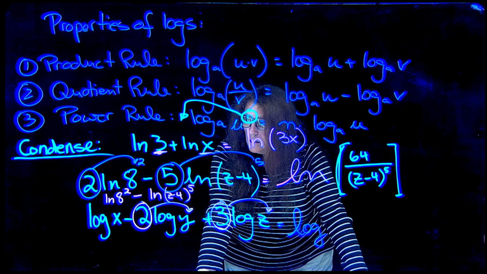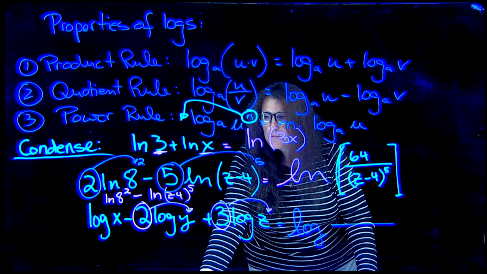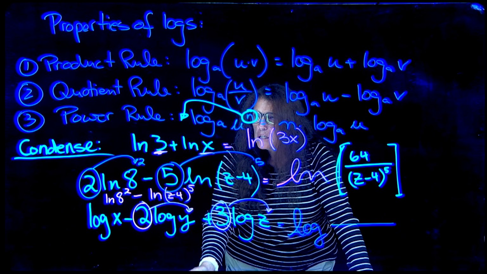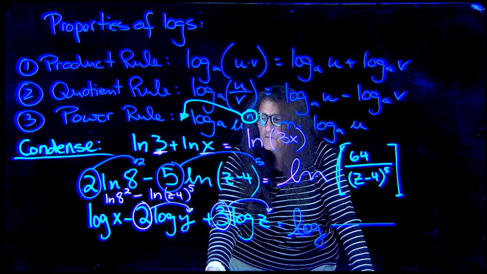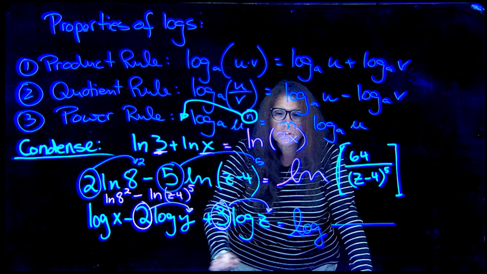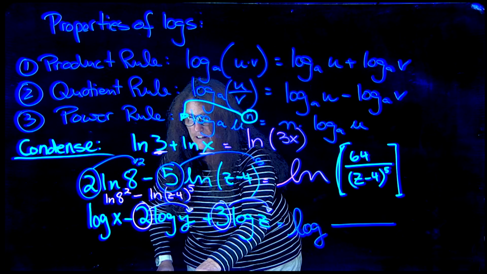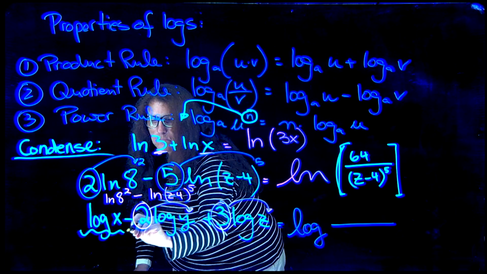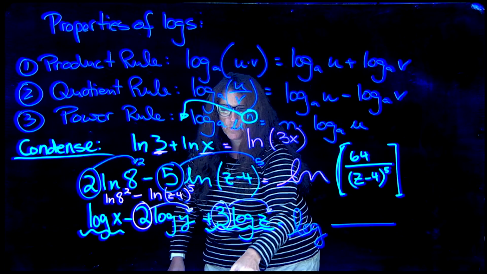What I always do first, I know I have a minus, so I know there needs to be division. But all the expressions that are positive go in the numerator as a product. So positive, I have here the log of x is positive, and the 3 log z is positive too.